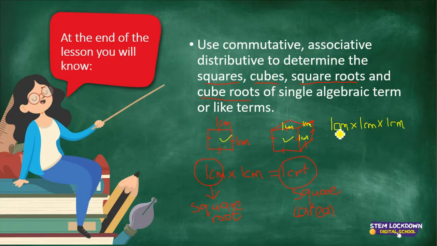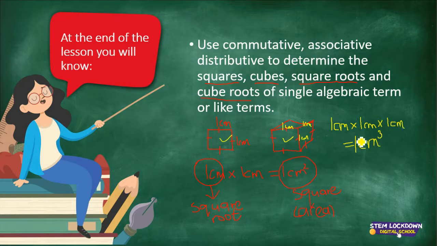Centimeter times centimeter times centimeter, the answer should be centimeter cubed. Obviously, 1 times 1 times 1 is 1. We usually leave it out in maths.